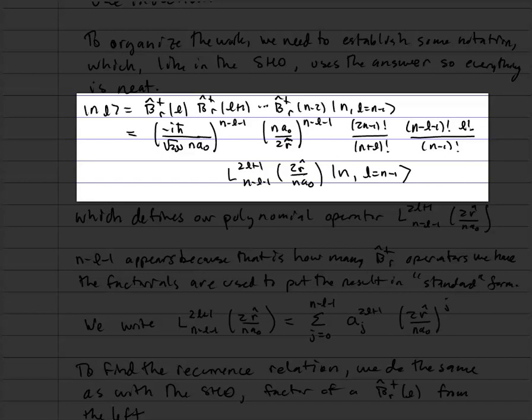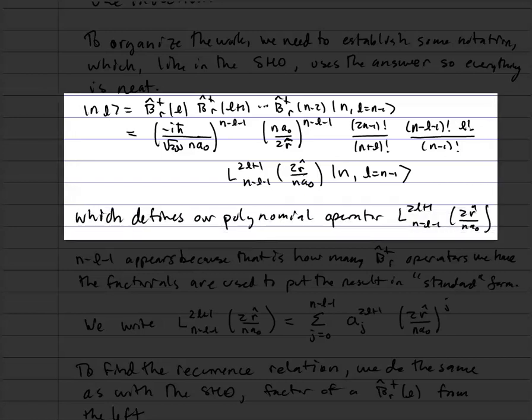I'm using my 20/20 hindsight to write it in the following way: (-i hbar / sqrt(2 mu) n a0)^(n-L-1) multiplied by (n a0 / 2 r hat)^(n-L-1) multiplied by the square root of (2n-1)! over (n+L)!(n-L-1)! times L! over (n-1)!, multiplied by an object I'm going to call big L sub n-L-1 superscript 2L+1 of (2 r hat / n a0), all acting on |n, L = n-1>.